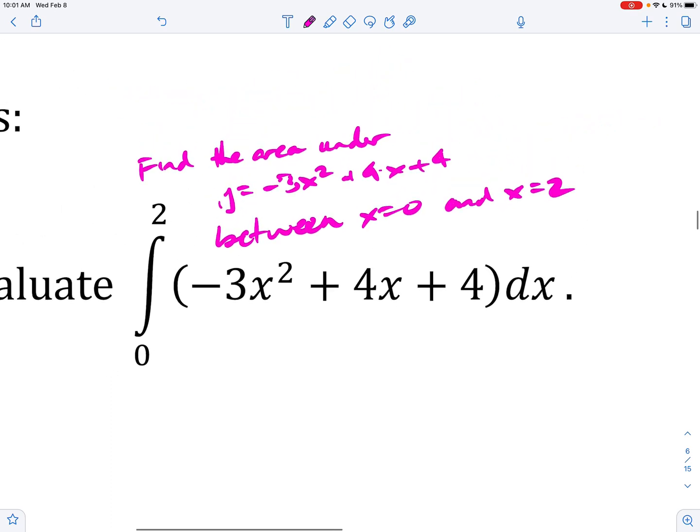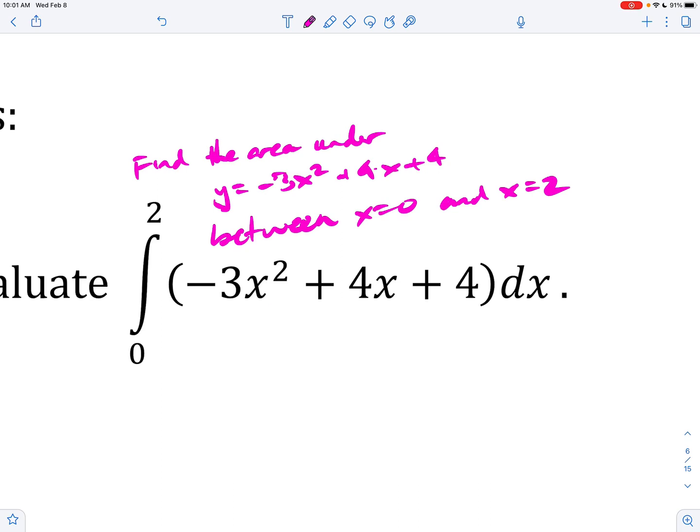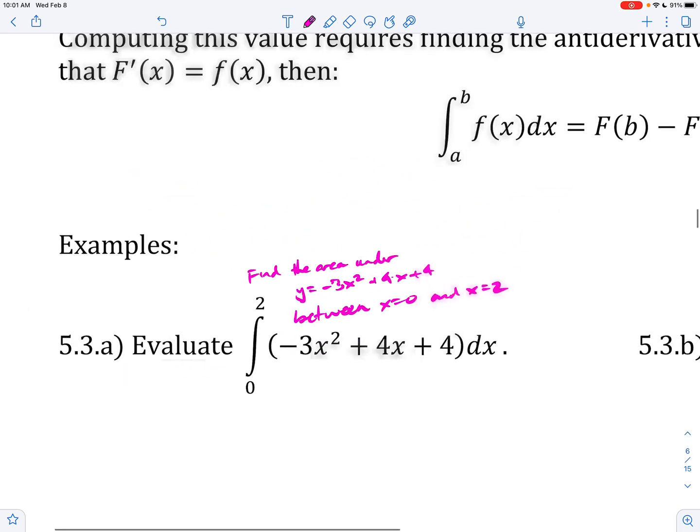You don't have to write that out, but that's what it means. That's what we're doing when we find this particular integral. We're finding the area under this function between x is 0 and x equals 2, so over these particular bounds.